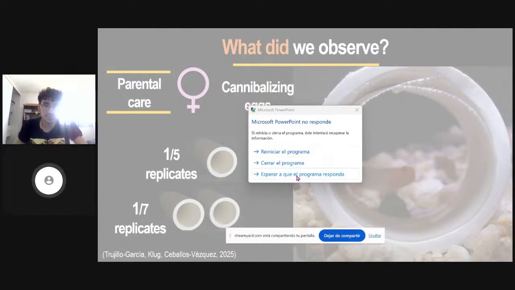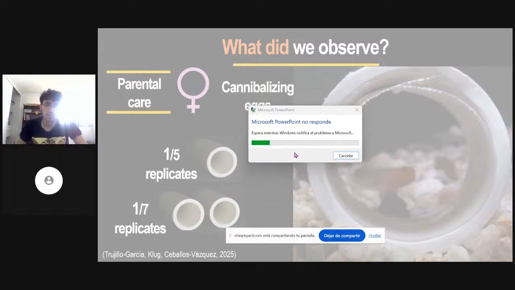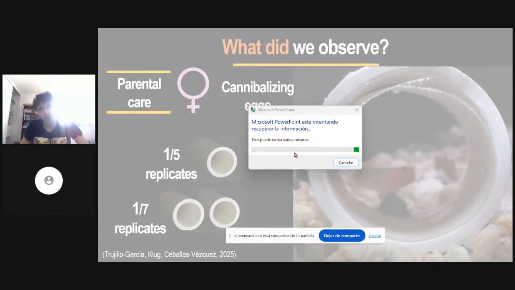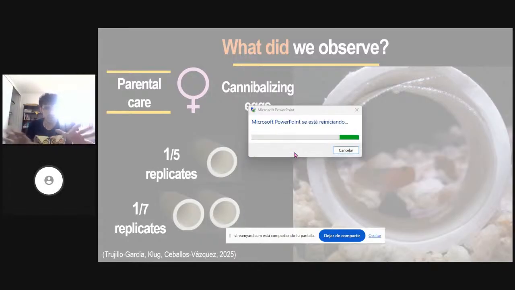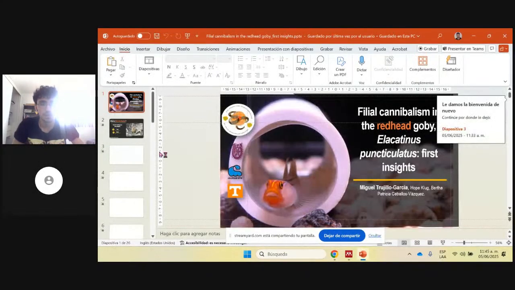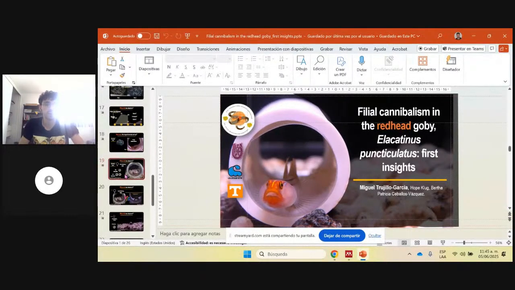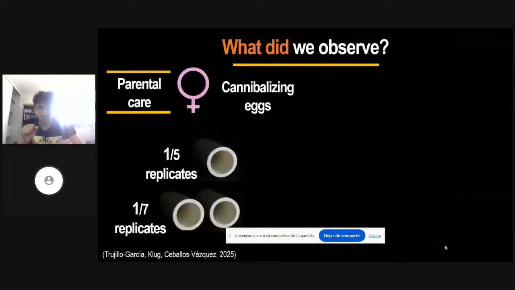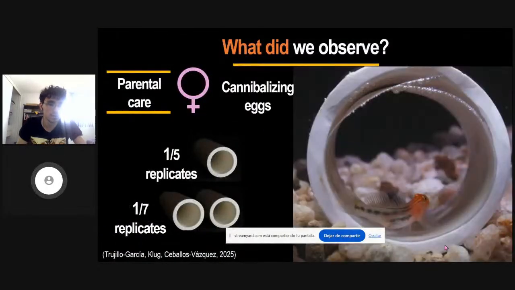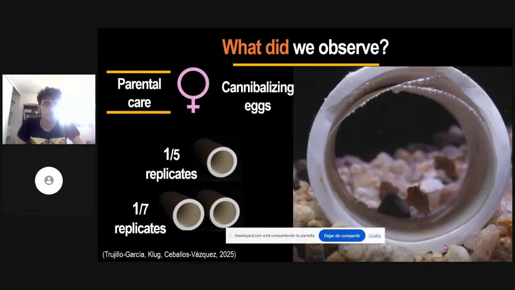Only restart the program. Maybe we are going to lose the image, but you only need to reconnect again on the same slide. If it happens again, it's the video, so I'll skip the video. Do you see it? Yes, we can see it. Okay, thank you.